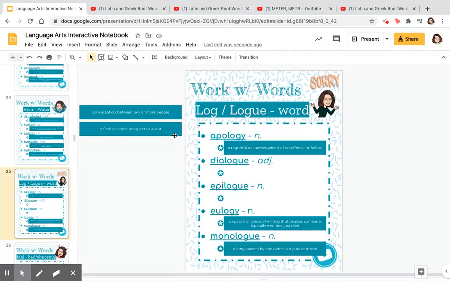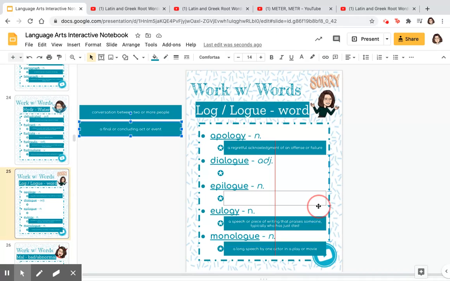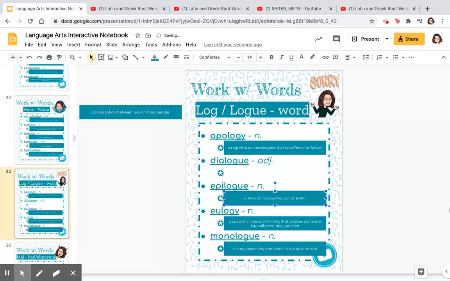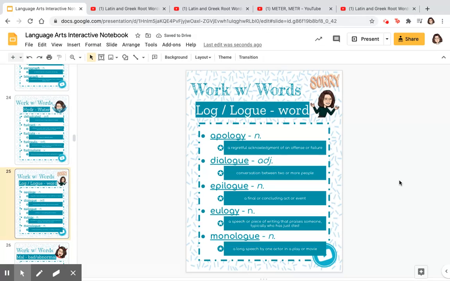Final or concluding act or event is an epilogue. I always wait after the credits in Marvel movies to see if there is an epilogue. Last but not least, a conversation between 2 or more people is called a dialogue. The dialogue between Mercy Suarez and Chris Daniels was long and confusing.